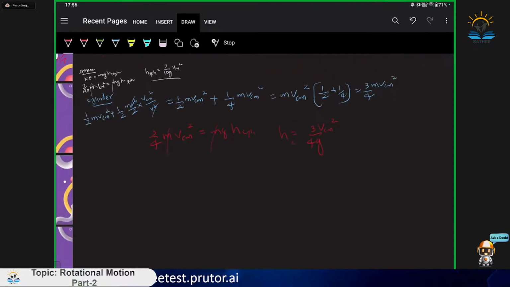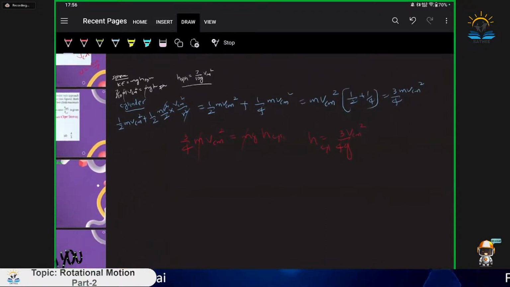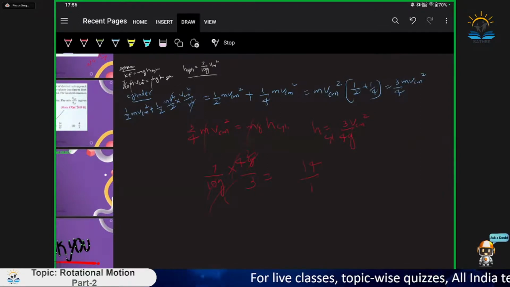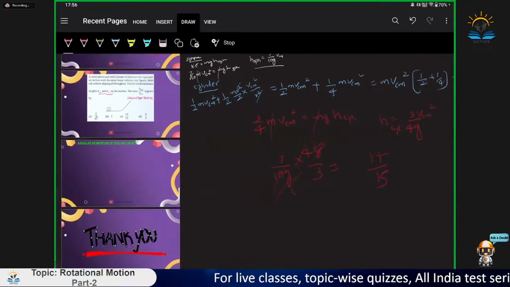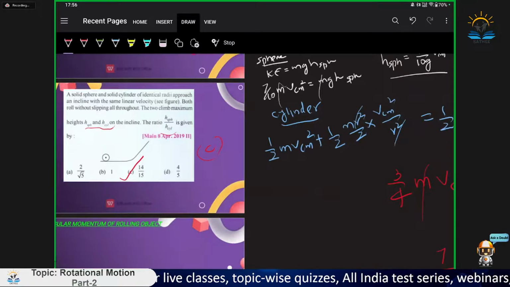We have to find out h sphere by h cylinder. So h sphere by h cylinder will be 7 by 10 g divided by 3 by 4 g, that is 4g upon 3g. The g we can cancel. 4 into 7 by 30, so 14 by 15. So our option C will be the right answer.